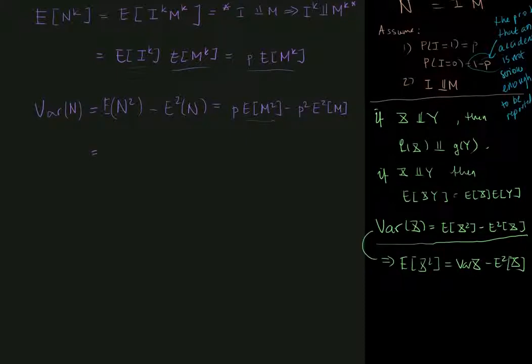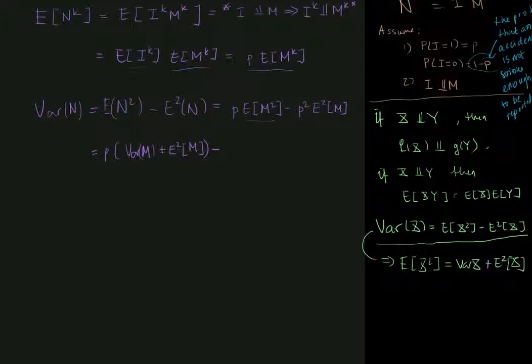So in particular for m, what we have is that this thing here is equal to p multiplied by the variance of m minus the... sorry, is it minus? It's supposed to be a plus here, isn't it? Yeah. Move this over here, it's a plus.